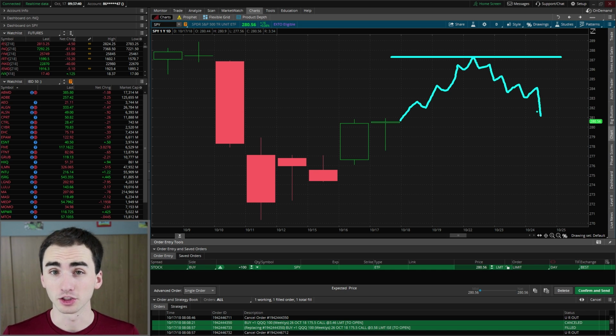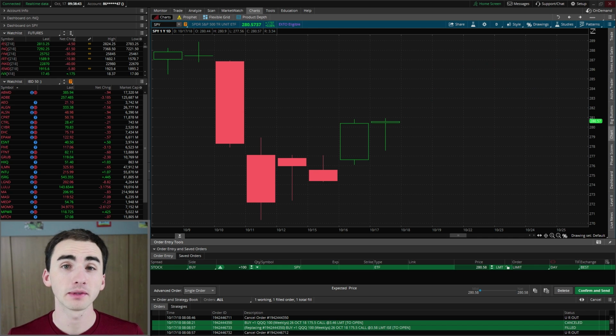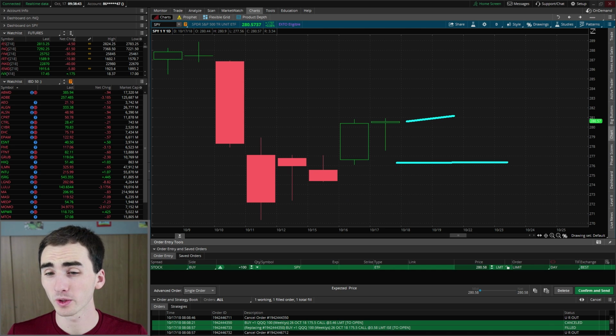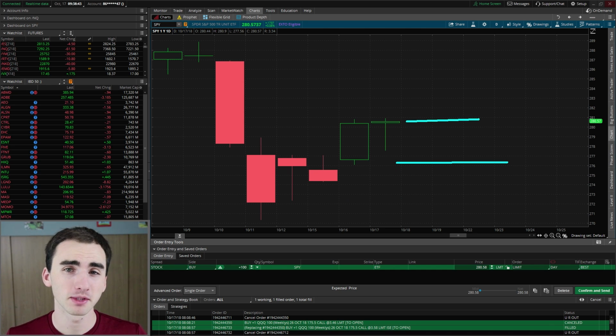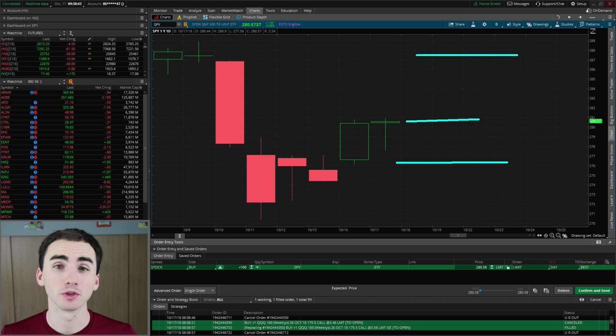And because you had a limit order already there, your shares would have sold and you would have locked in that profit without having to worry or pay attention to the market all the time. So with limit orders, you can either use them to buy at a lower price or buy at the current price without having to worry about slippage, or sell at a higher price so you don't have to worry about managing your exits on your trades as closely.